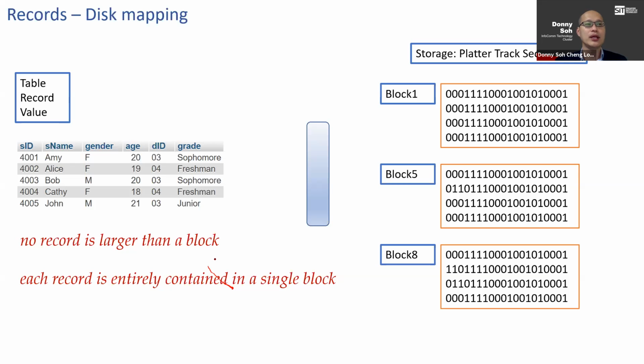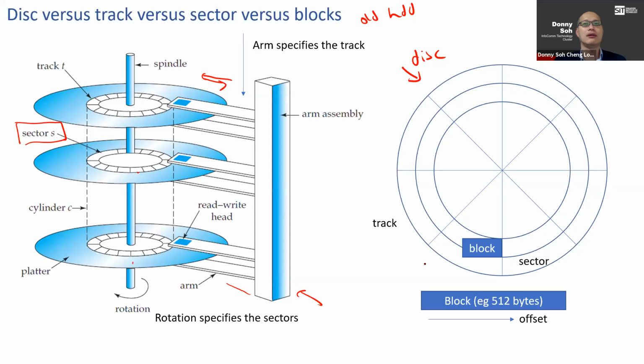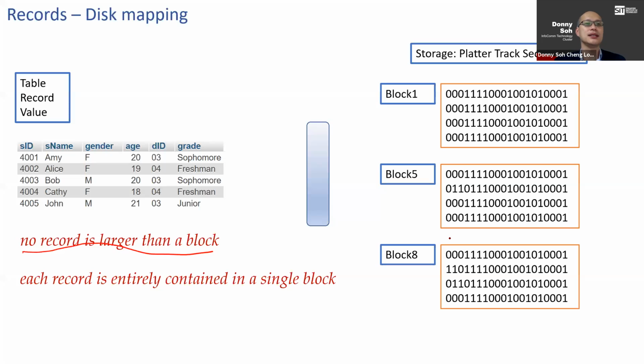Whenever we store data, no record is going to be larger than a block, meaning all the records are able to fit into the block. There will not be a record that is larger than a block. So this is one assumption.